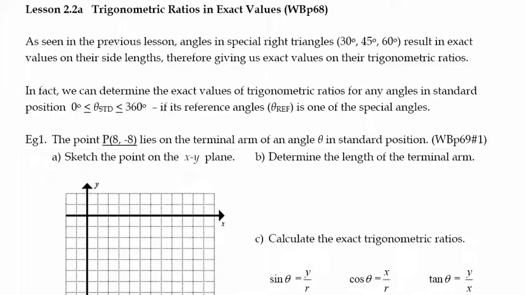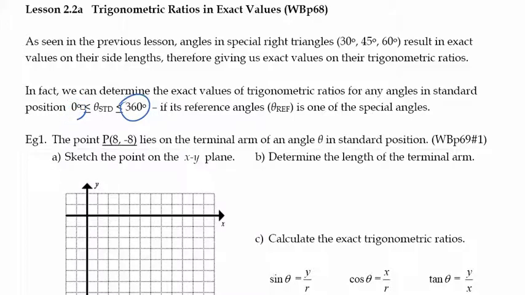Okay, so once again, we are going to look at trigonometric ratios involving 30 degree, 45 degree, 60 degree, and anything that goes beyond that. We are going to look at finding the exact values of trig ratios that will have its angle going between 0 degree to 360 degree.